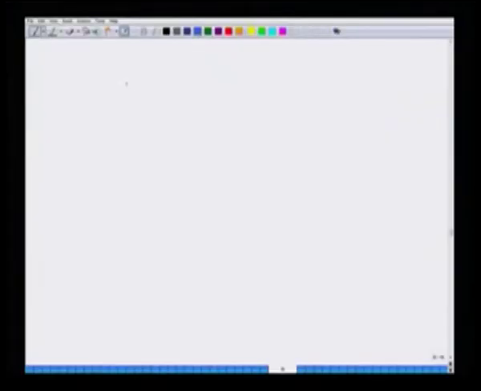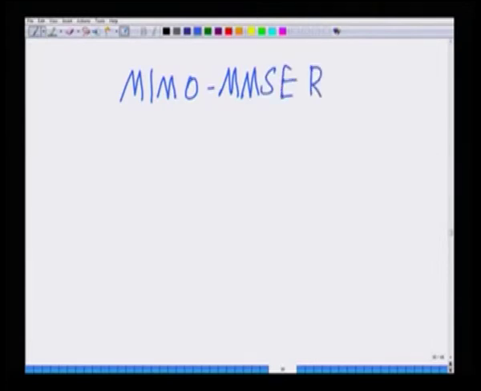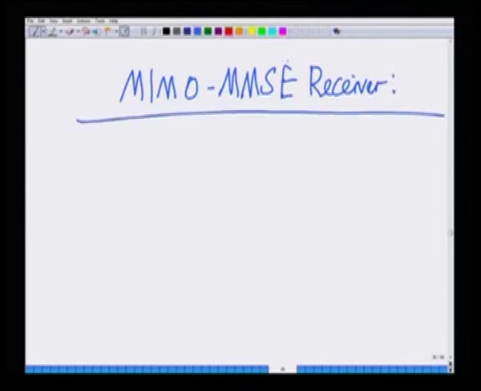So, we are going to look at another alternative receiver which is robust to noise enhancement, or which avoids the problem of noise enhancement, that is known as the MIMO MMSE receiver.